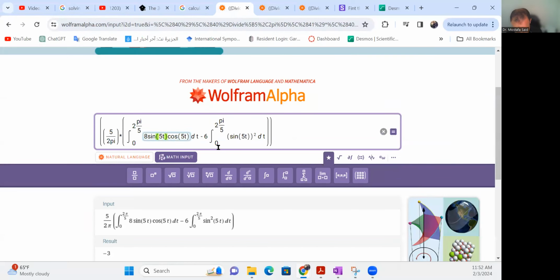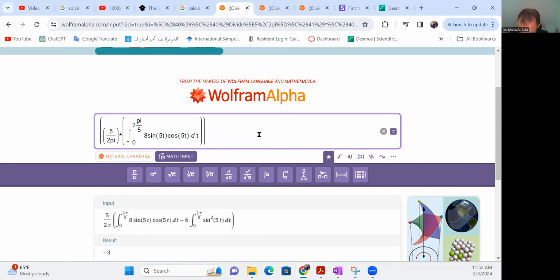I have it here, it's already written for us. But we can do this from the beginning. It's fine, I'm going to remove that part here. You can do it in two integrals, but that's fine. I just opened a big bracket. You can also close that one. The first term is 5 over 2 pi.